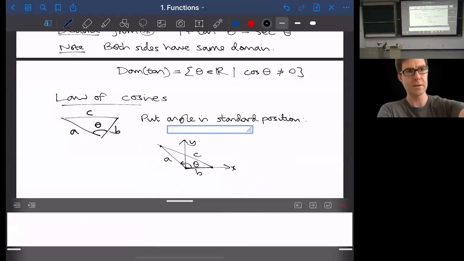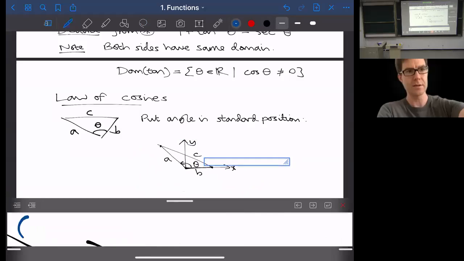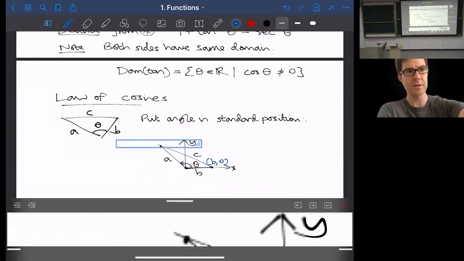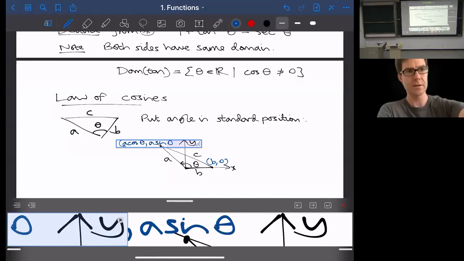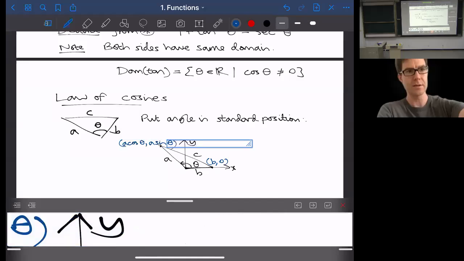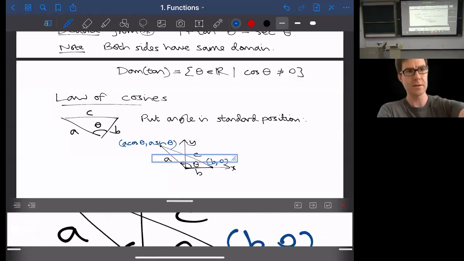Now we know the coordinates of these 2 points. This one is (B, 0), and this one, by definition of cos and sine, is (A cos theta, A sine theta). So in this case, cos is negative.